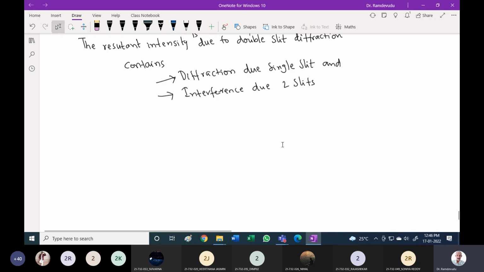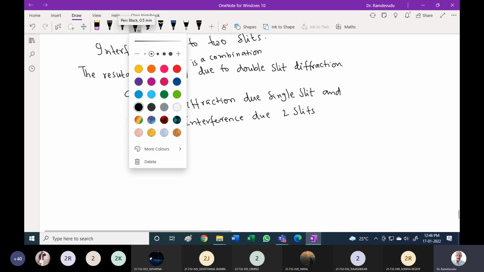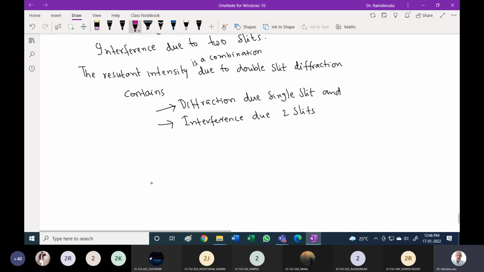Hence, if I want to draw the figure for these two, suppose I draw the diagram for single slit diffraction, and I take here alpha. Then I write here the intensity.